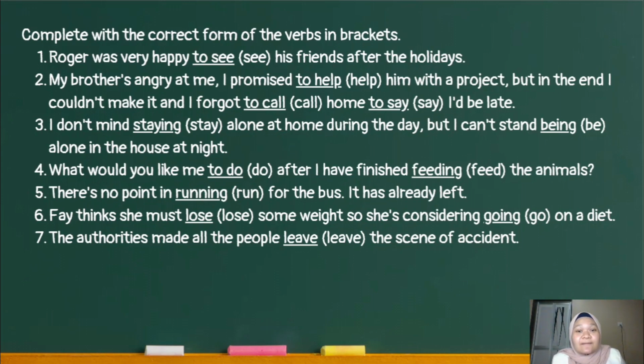Yes, gerund. So how are you going to use gerund? You must add ing. Give me one example if you remember. Yes, I love swimming. Running is my favorite activity.